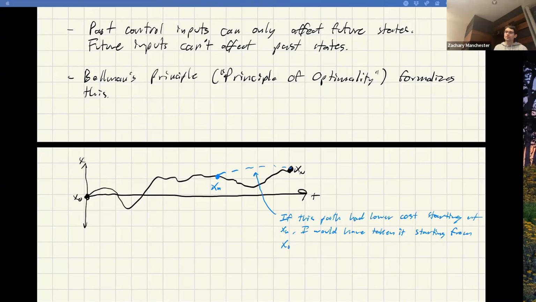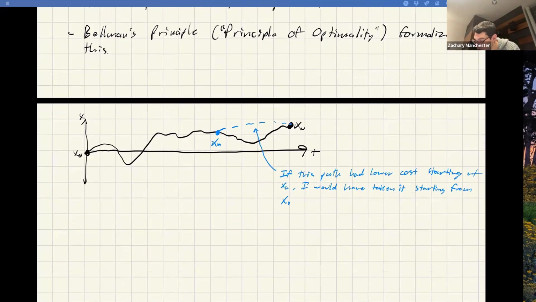Saying that the other way around, this can't be the only optimal thing. Another way of saying this is that sub trajectories, and when I say sub trajectory, I mean specifically this: if I start at some intermediate point on the optimal trajectory and solve a shorter horizon optimal control problem with the same everything else, just starting somewhere in the middle, that sub trajectory of the original optimal trajectory has to be the solution to that smaller problem, because this obvious fact is true.